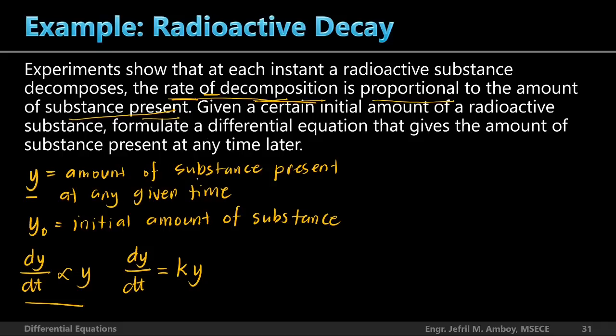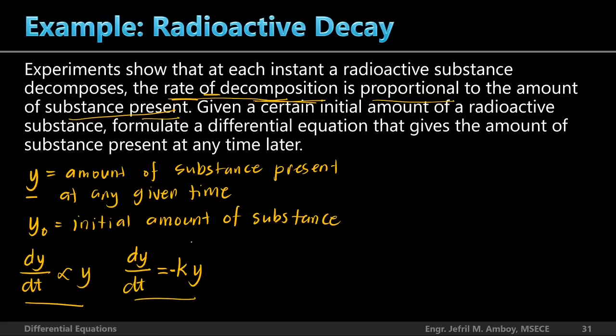And another important thing, since the amount of substance decreases with time because it decomposes, we need to add a negative sign here. Meaning that the quantity y decreases with time. So, this is now the differential equation that describes the amount of substance.